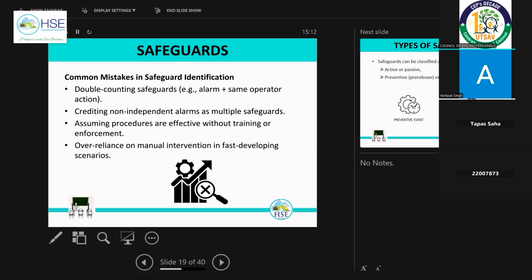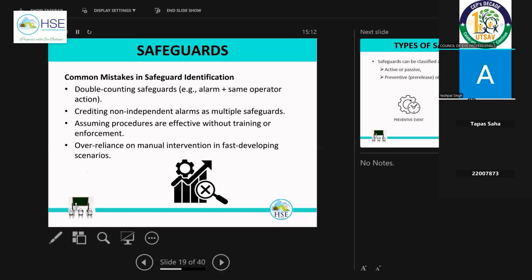Maintaining a target of training hours for each employee, all this gives an effective training program. In other risk assessment methods we consider this as a control, but in safeguards, without effective training also, we can consider this as a safeguard, as a control.